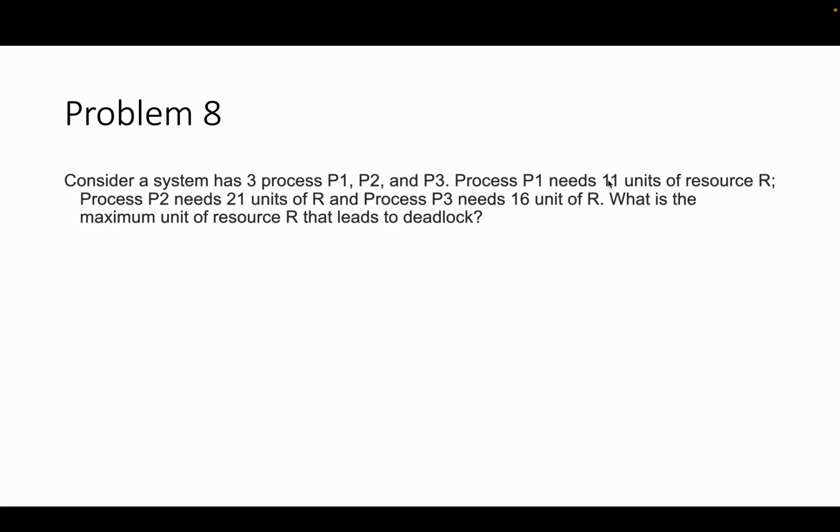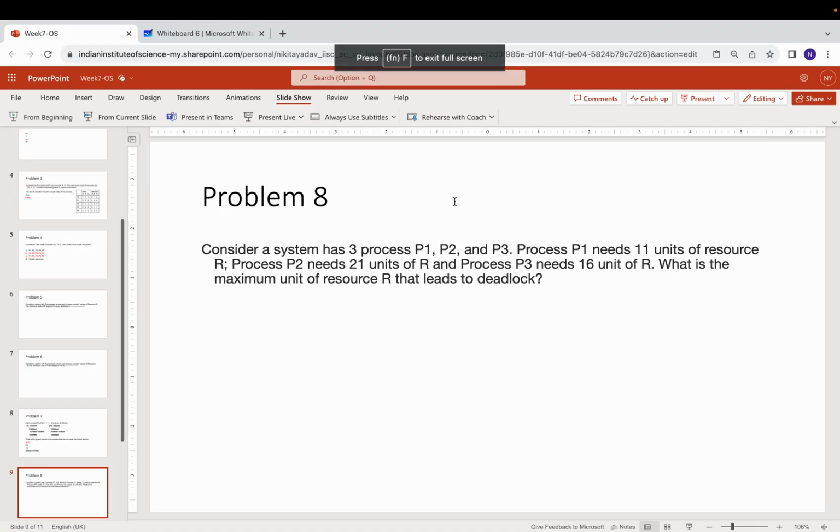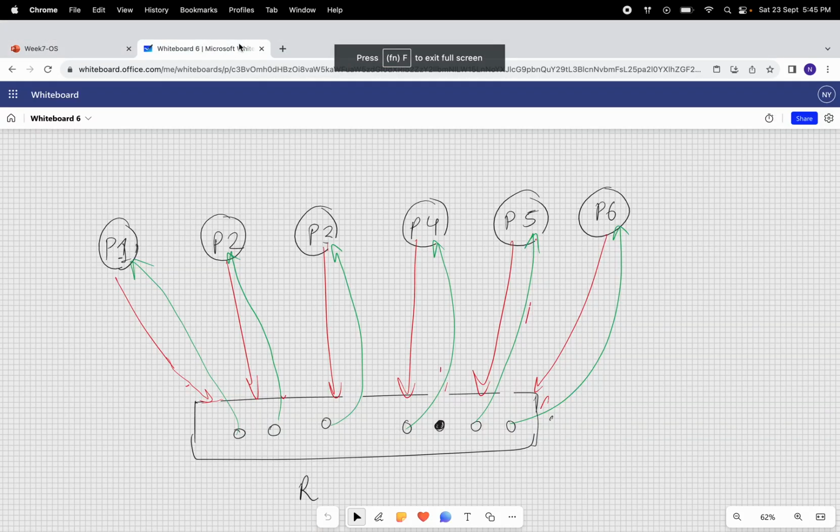So if we give 10 units of R to P1, 20 units of R to P2, and 15 units of R to P3, and there are no more resources available, that means all of them will be requesting 1 unit each of the resource, and they will still be requesting, and that will be a deadlock.